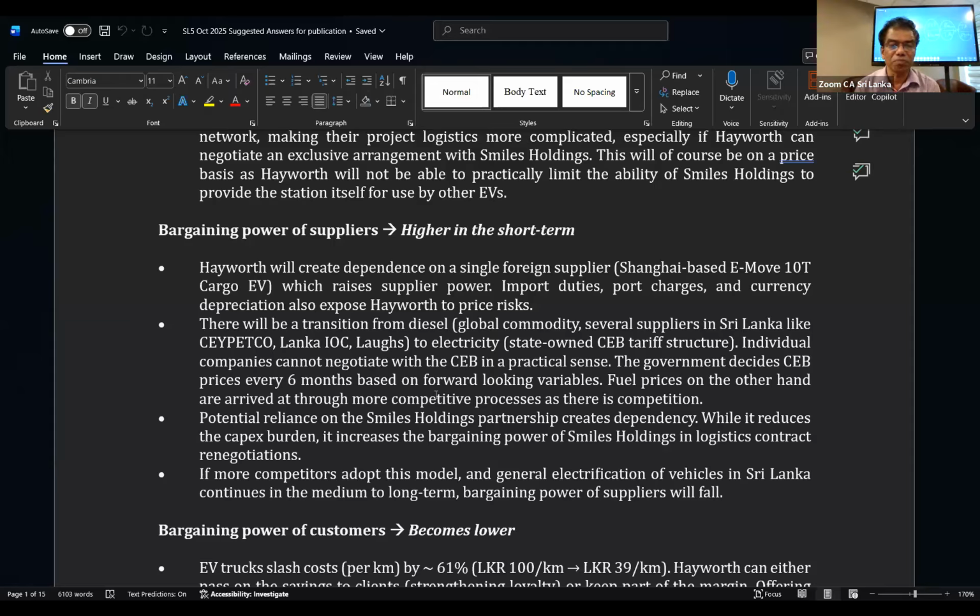Then there will be a transition from diesel, from Sepitco to CB, because the supplier CB is very strong. They are higher, right? Unless you can have your own charge centers.